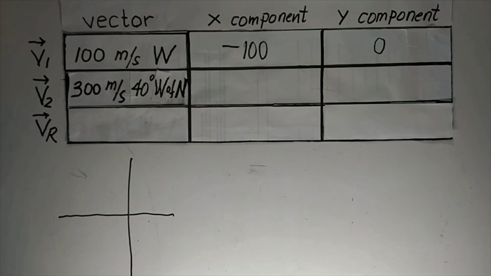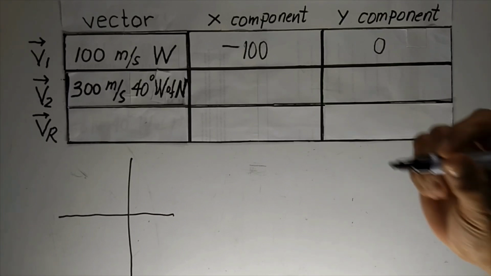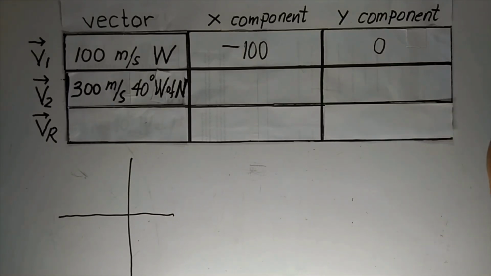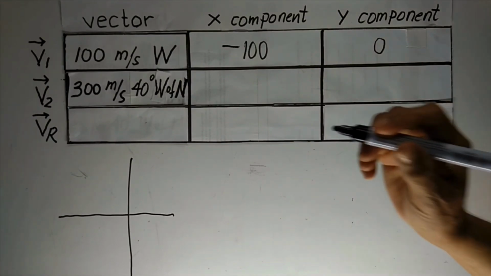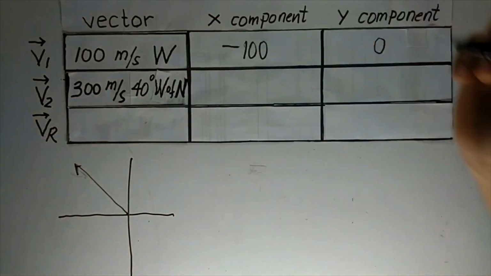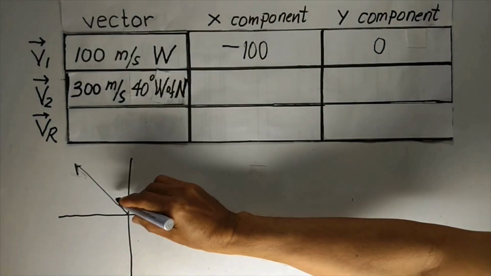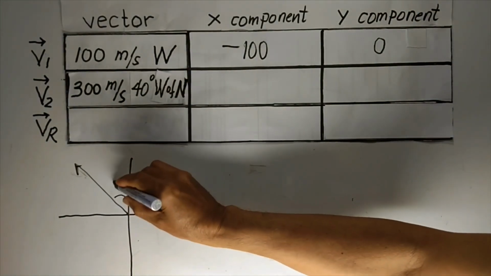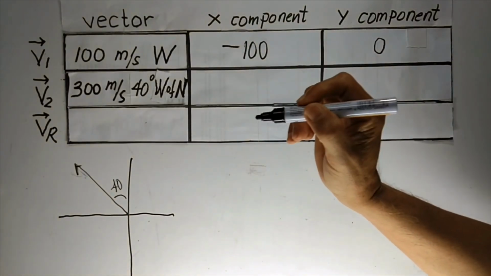Let us now plot velocity 2, which is 300 meters per second, 40 degrees west of north. So, it forms an angle of 40 degrees from north going to west. So, this will be the vector, forming an angle of 40 degrees.